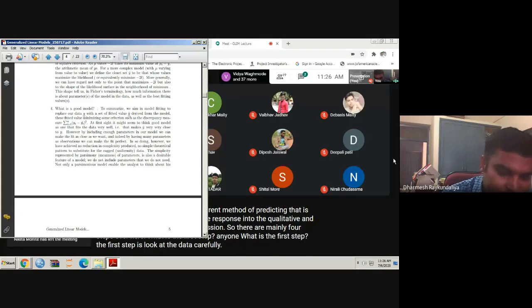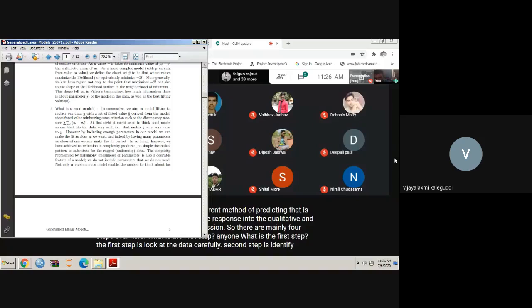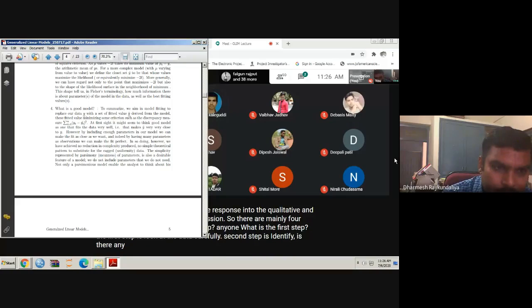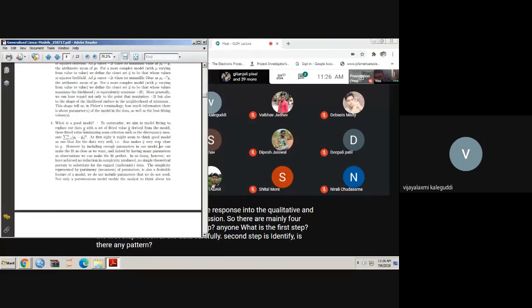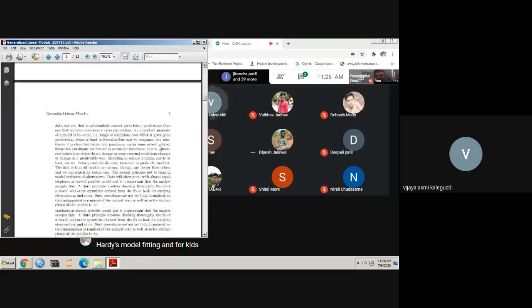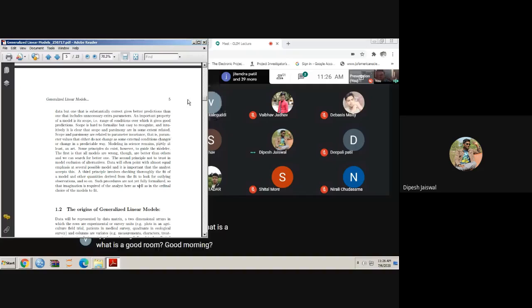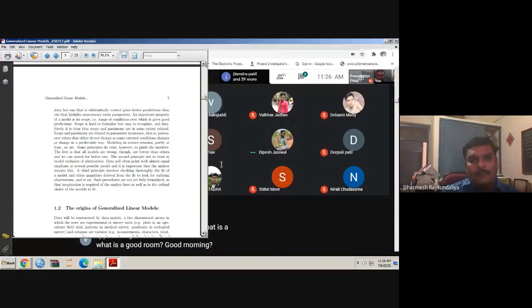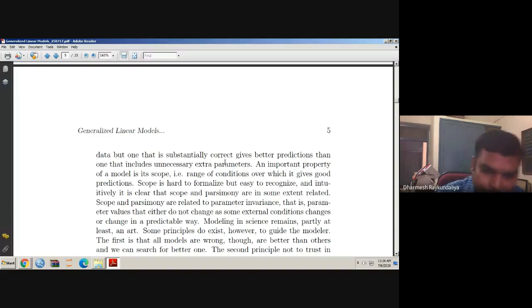Second step is identify is there any pattern. Third is model fitting. Very good. And fourth is, what is it? Is it a good model? So these are mainly the 4 steps of fitting a model.